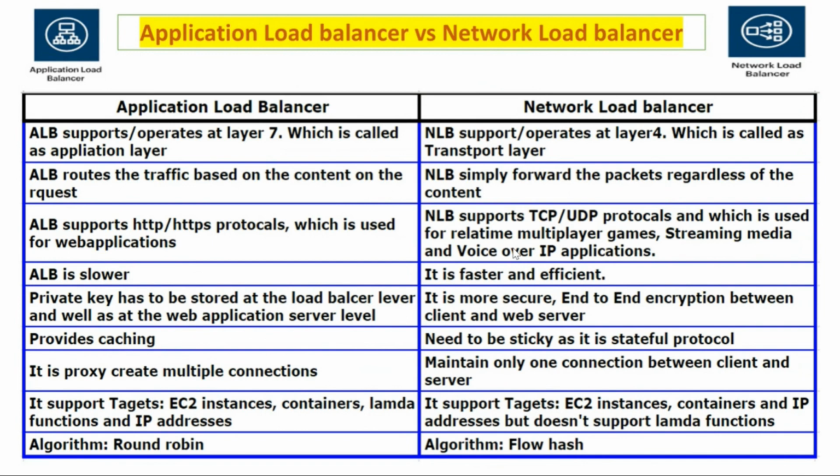Whereas the application load balancer is going to decrypt the actual data, then analyze the data, and then once again it will encrypt the data and send it. So this is where it becomes a time-consuming process. That is the reason the network load balancer is faster and the application load balancer is slower.